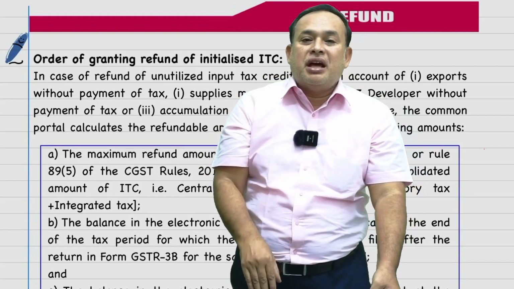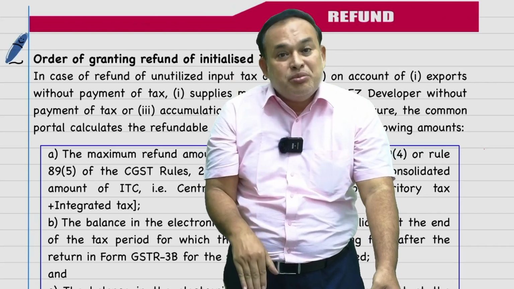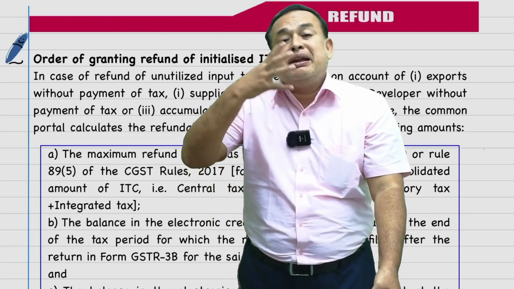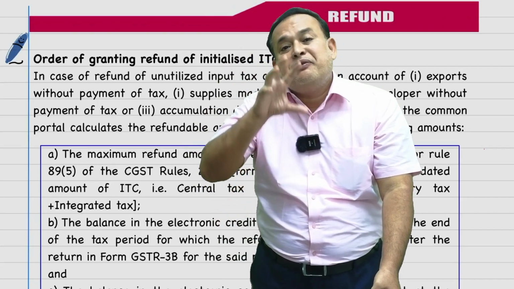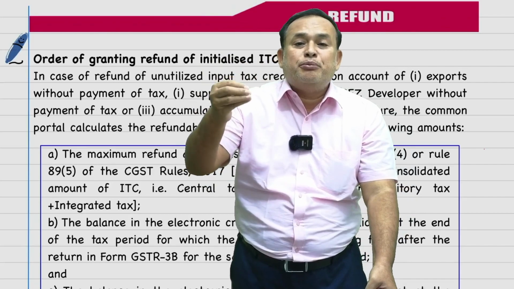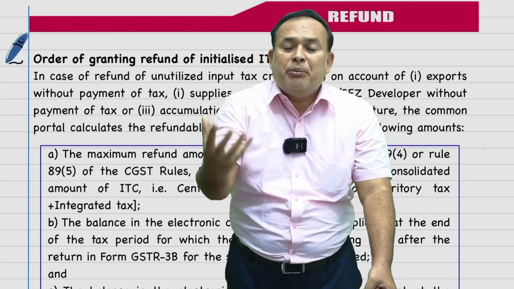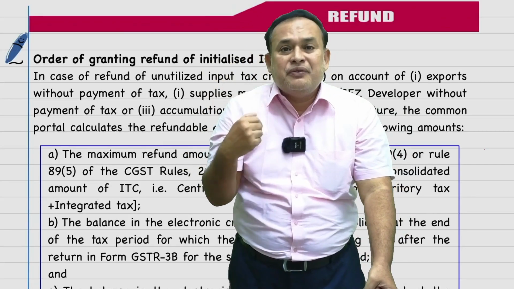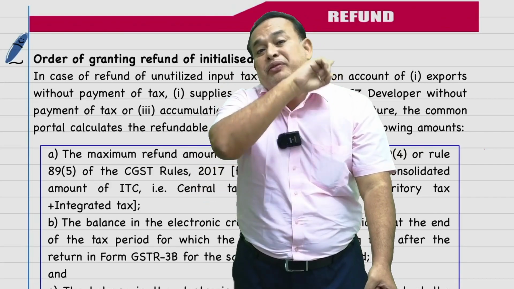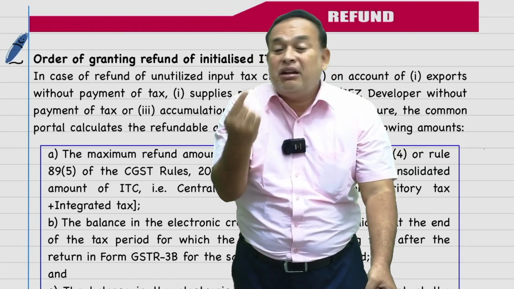Somebody asked, sir, when you returned the refund to the department, you returned it with interest. Very good. When later I realize the payment within the time frame given by the Reserve Bank of India and submit the payment realization proof, the department grants the refund. Can I get back the interest I paid at the time of returning the refund?